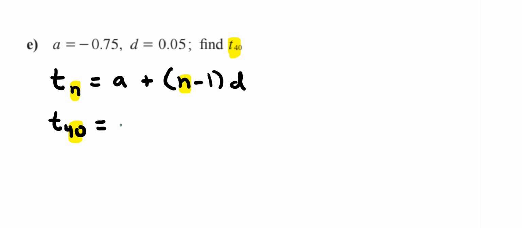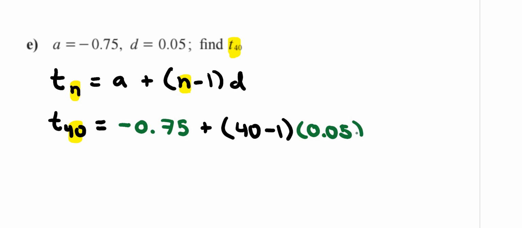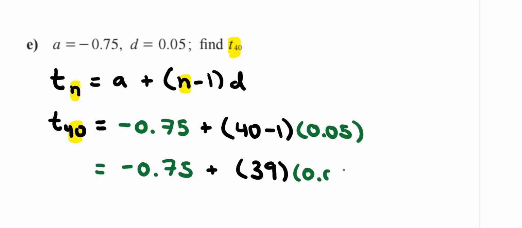My first term is going to be negative 0.75 plus 40 minus 1 times the common difference, which is going to be 0.05. Now I have negative 0.75 plus 40 minus 1, which is 39, and 39 times 0.05.